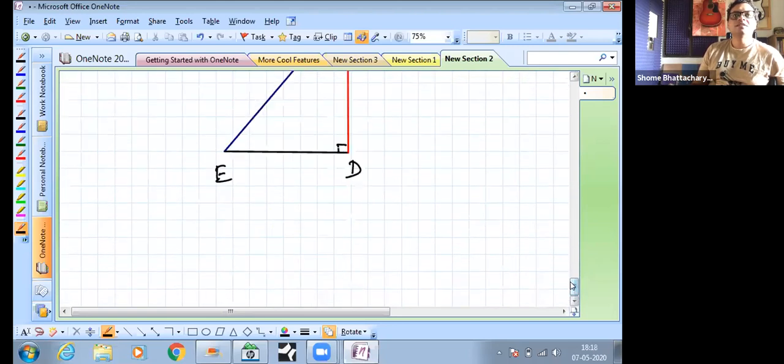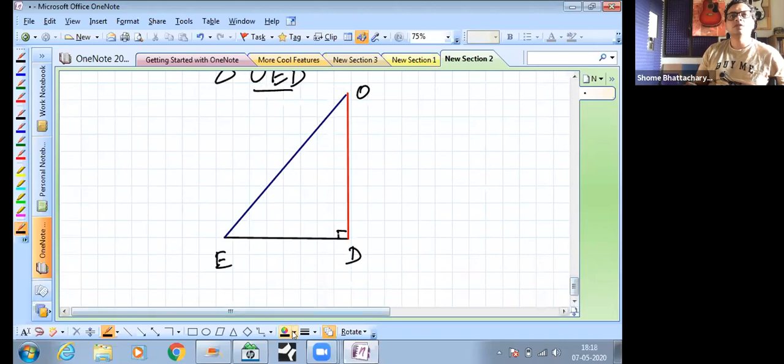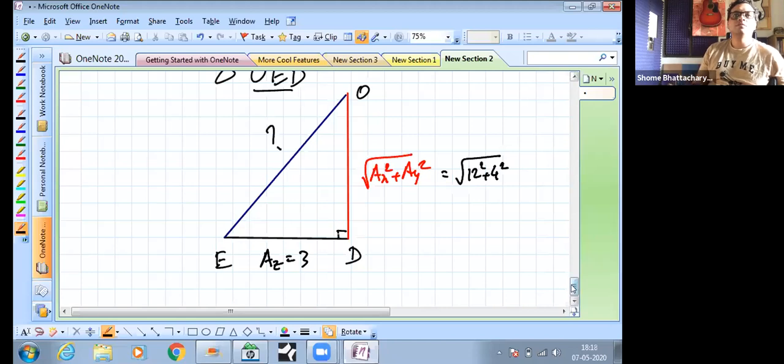And OD we had just seen was equal to how much? OD magnitude-wise was square root of AX square plus AY square. Whereas DE, as we have seen before, was nothing but AZ, which was basically 3. And this was square root of 12 square plus 4 square. So now finally, how much is my OE becoming? Pythagoras theorem.